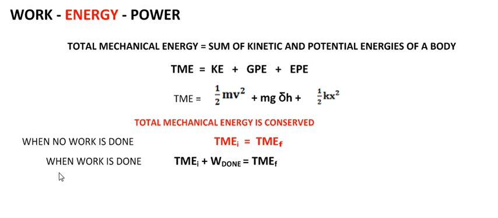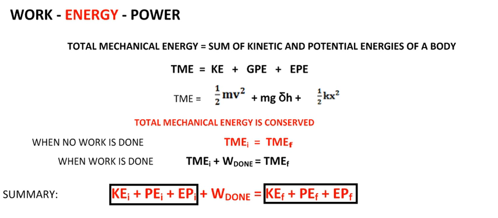In the case, however, that work is done on the body, then to the total initial mechanical energy, this will add energy to the body if the work done is positive, or subtract from the energy of the body if the work done is negative. Therefore, the final total mechanical energy of the body will either be more or less. In summary, we can say that it's always applicable that the total mechanical energy initially plus any work done on the body will equal the final mechanical energy of the body.